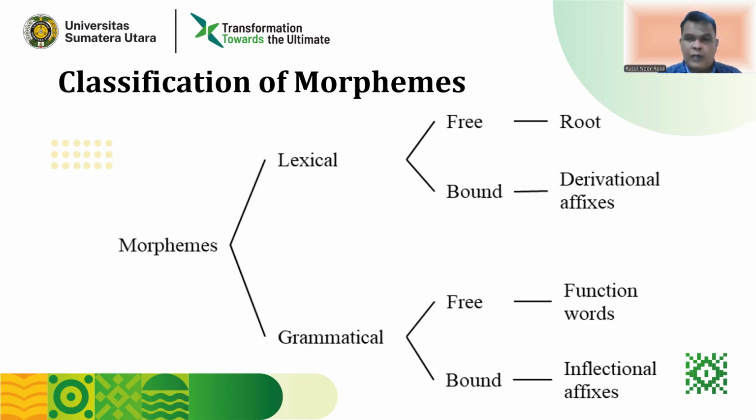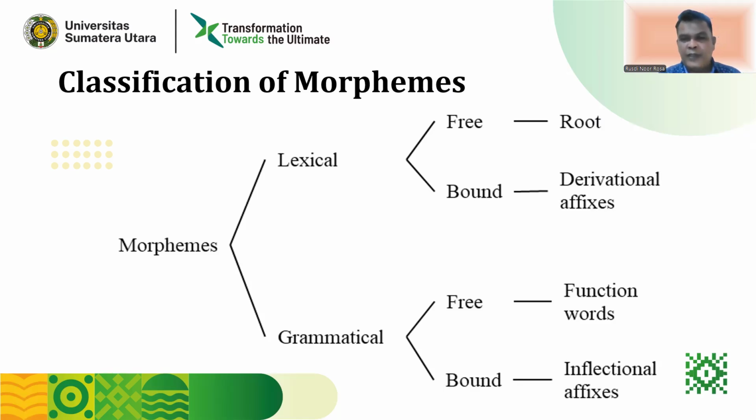And the class of words that belongs to lexical morphemes includes noun, and then verb, and then adjective, and the last one is adverb. So these four classes of words belong to free morphemes in the category of lexical morphemes.